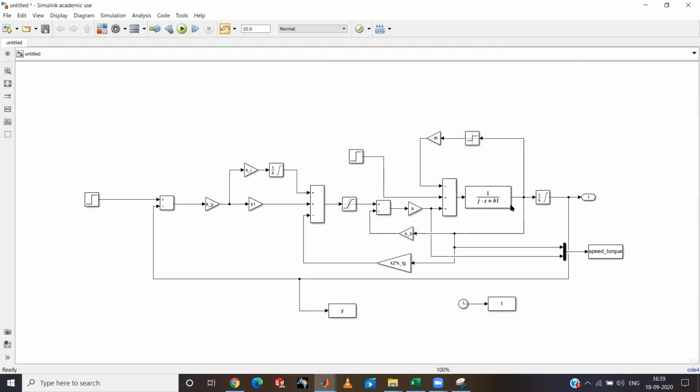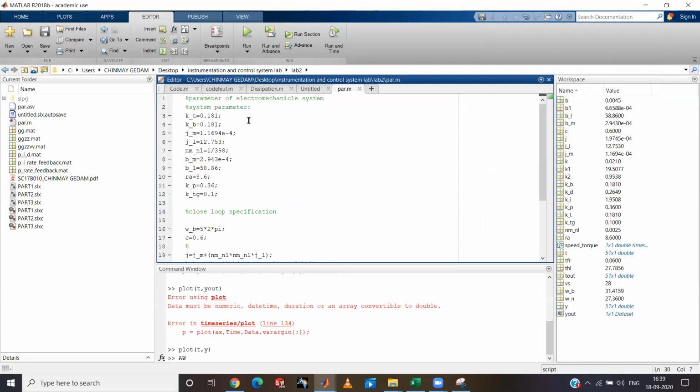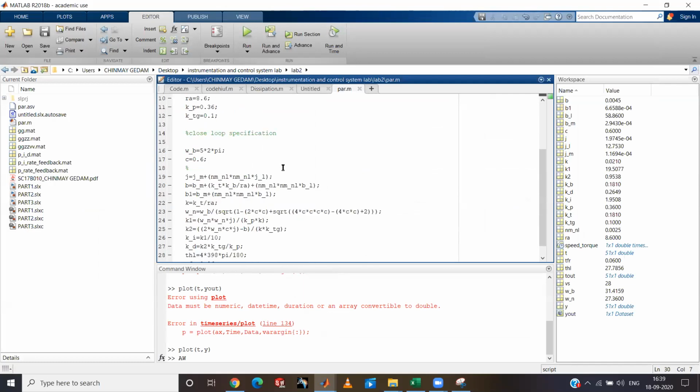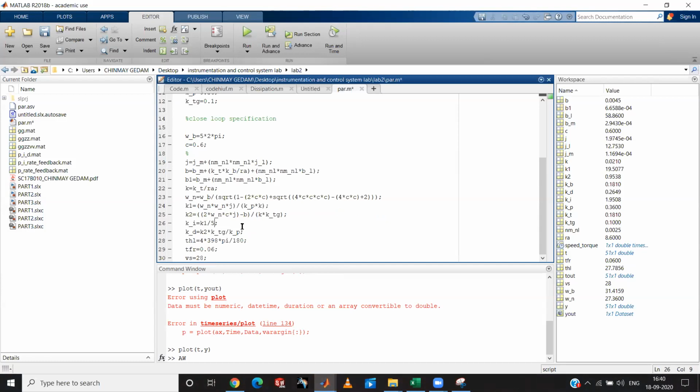Take that parameter value: KT, KB, JM, JNM, A, B, B1, A. Yeah, okay.